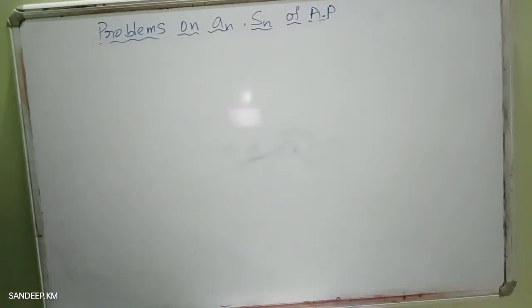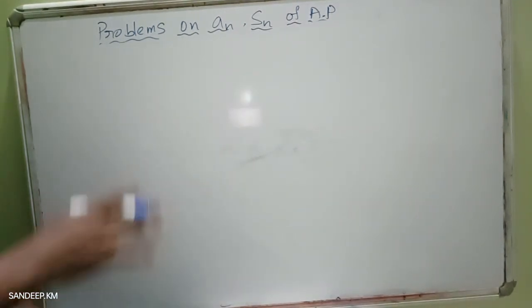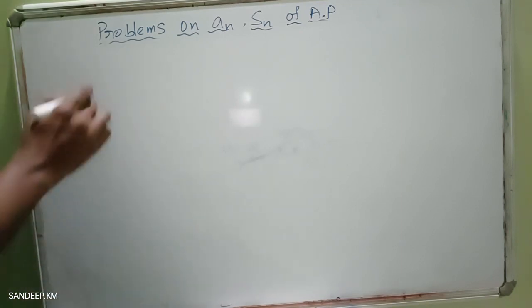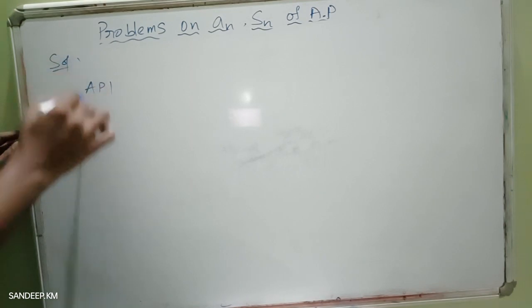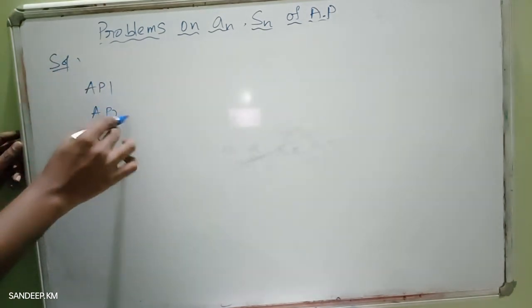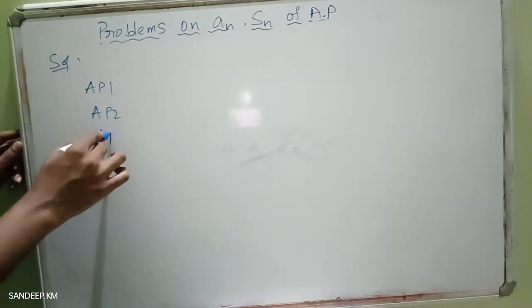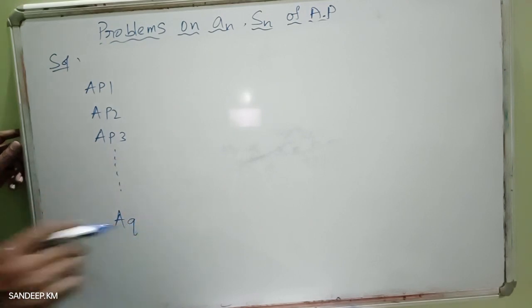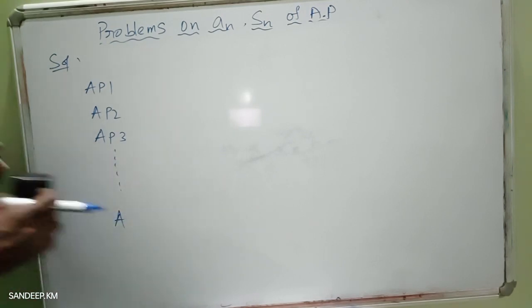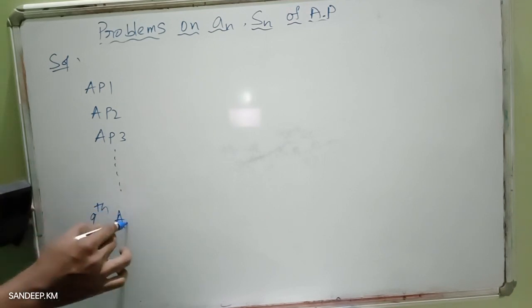Okay, now to make the solution look easier, I'll do it in the form of a table. I'll take the first AP, AP1. Then AP2, the second AP, AP3, the third AP, and so on, APq, the qth arithmetic progression.